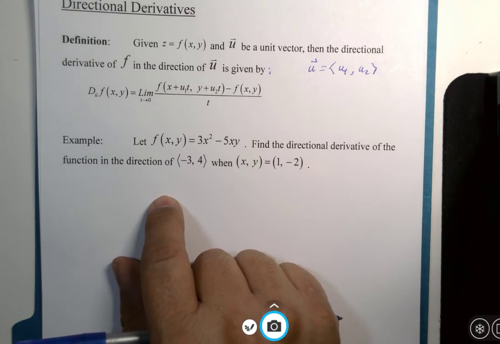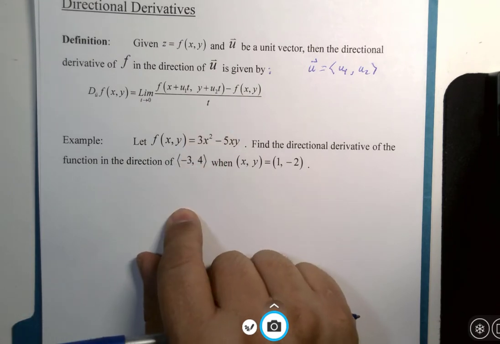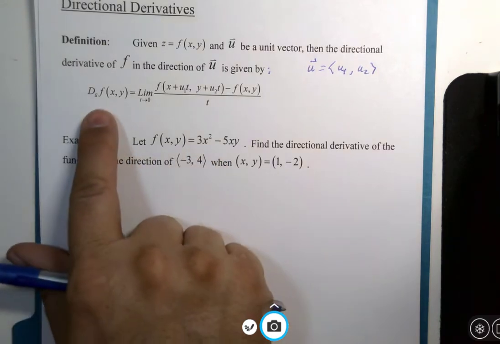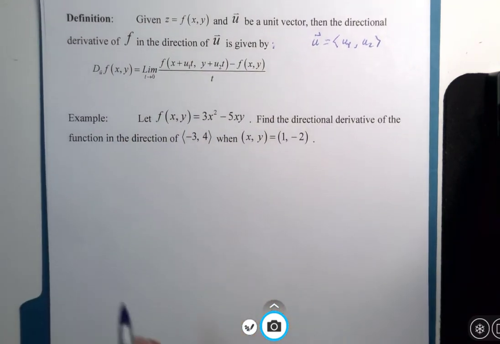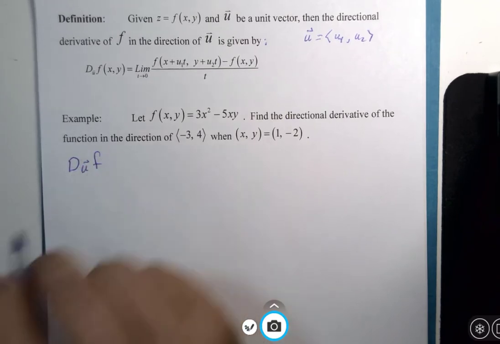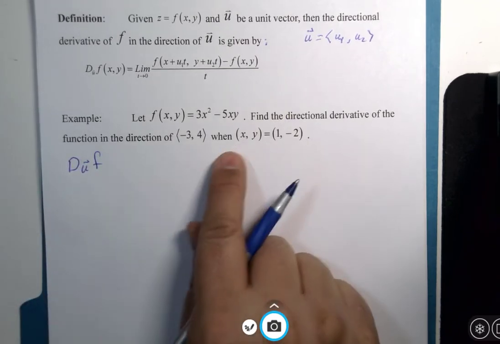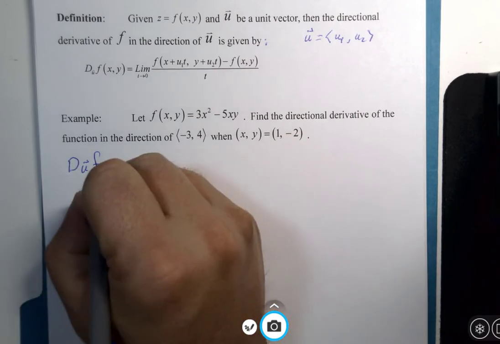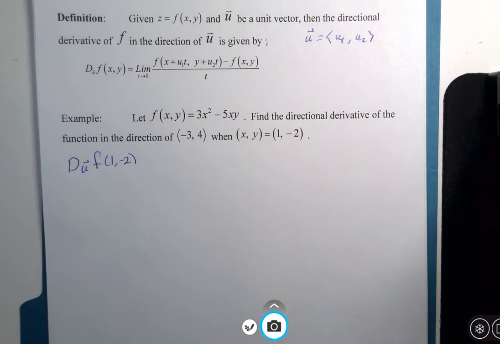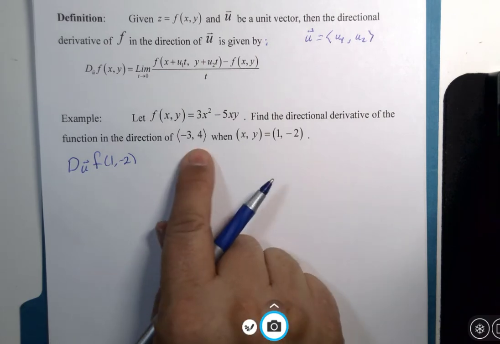It's a little bit less catchy, but it will definitely be shorter than the definition. So we have a function and we're trying to find the directional derivative of this function at a particular point (1, -2), so it'll be more of a numerical example, in the direction of (-3, 4).